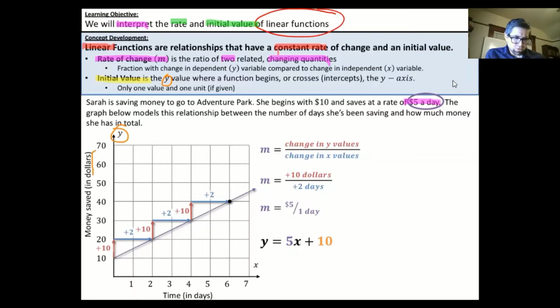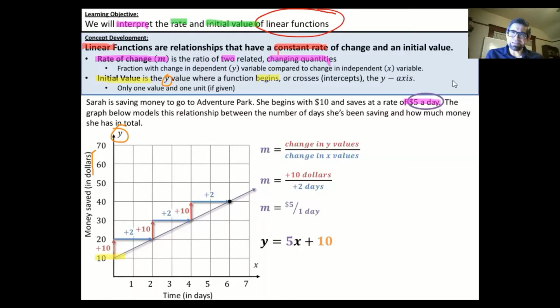So the initial value, back up to the definition, is the y value where a function begins. This is the critical part here. The word initial tells me where something starts or where something begins. So that's our beginning value. Well, on the graph, I see that the line starts right over here at 10. So that might be our initial value.